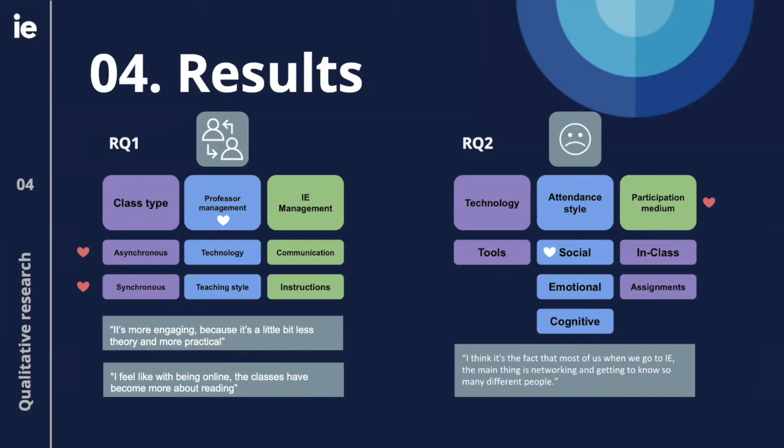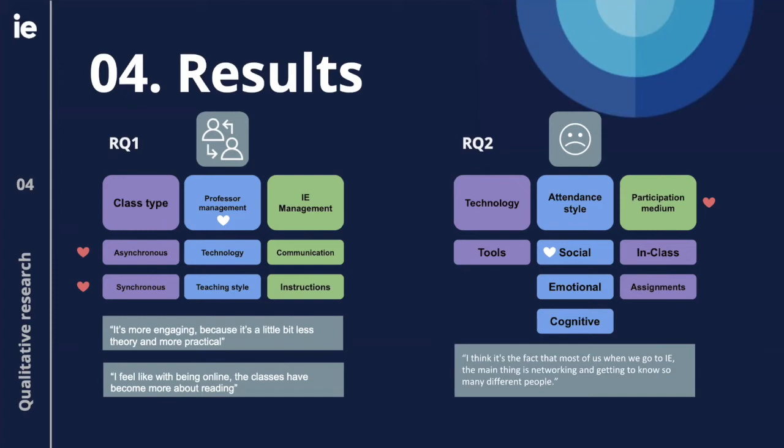For question number 2, we identified 3 themes: the first one being technology, the second one being attendance style in social, emotional, and cognitive matters, and the third one being participation medium. This question 2 is about pain points, and here we realized that the main pain point students have been talking about is in social matters, as networking and other types of social interactions have been an issue with the liquid learning model.